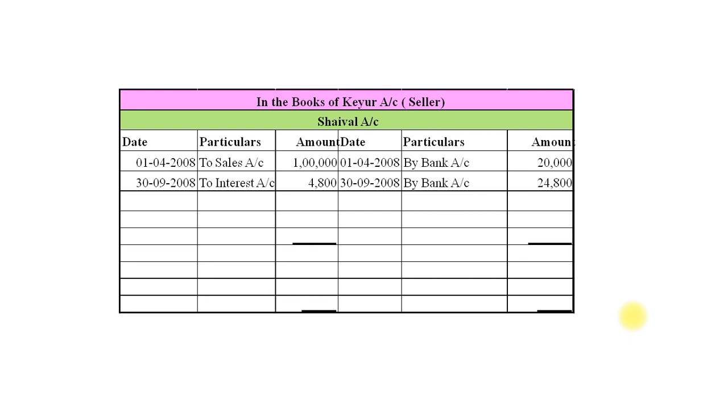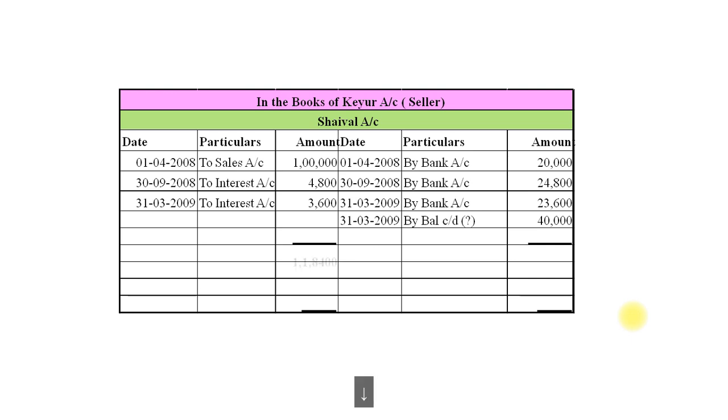In the same way another installment entry will be done on 31st March 2009 to interest account, that is 3,600, and on 31st March 2009 by bank, that is 23,600. So here we will find out a balance on 31/3/2009 by balance, that will come to 40,000.